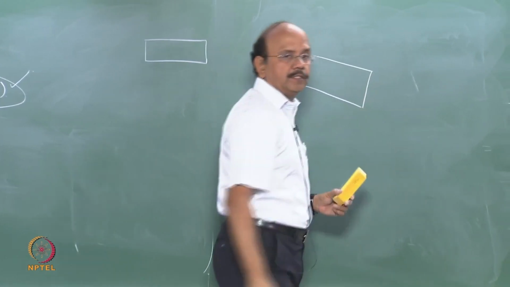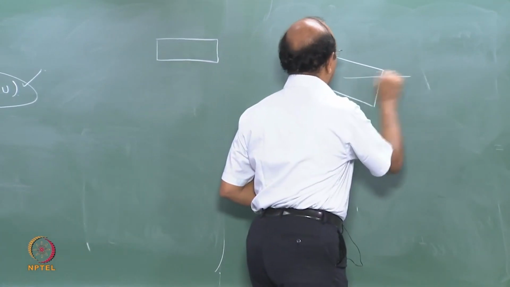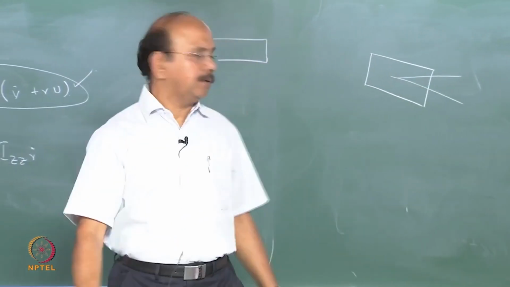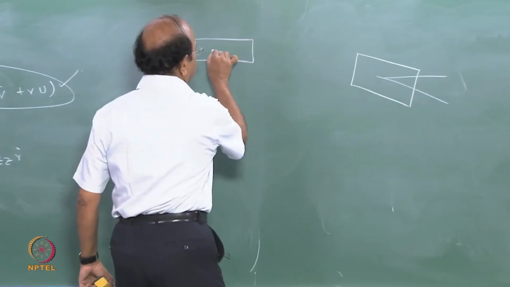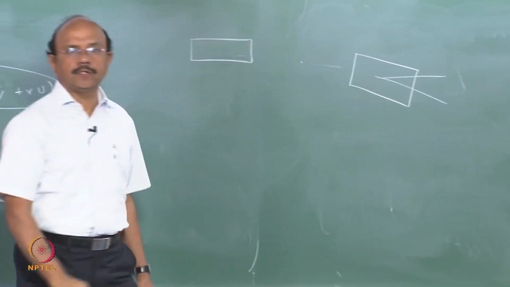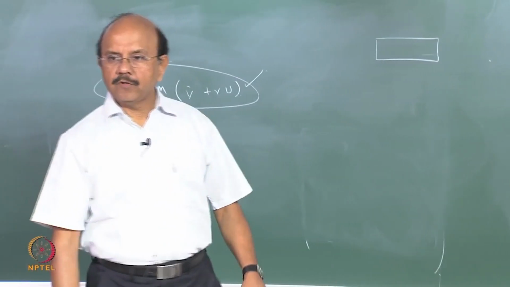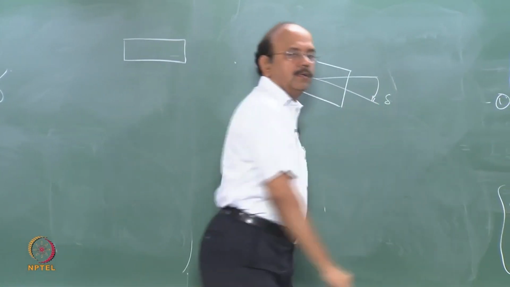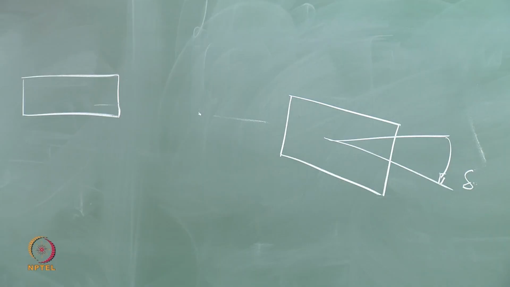I'm just exaggerating this. I'm giving a steering input to the wheel. Of course, that's the vehicle, and that's the center of gravity location of the vehicle. That is the lambda which I had given, which is the steering input.